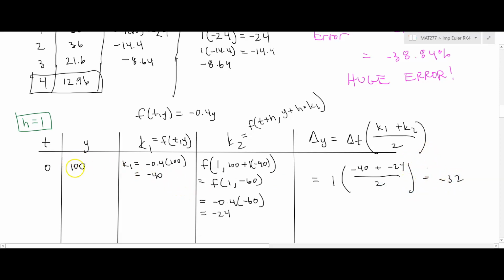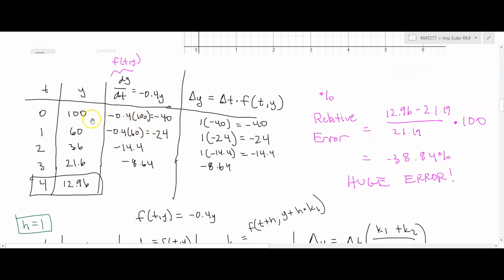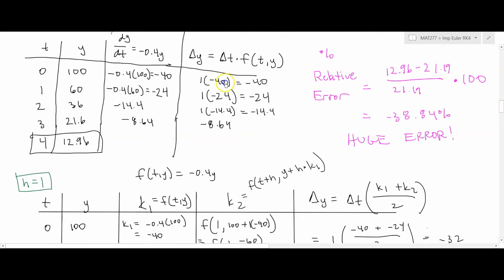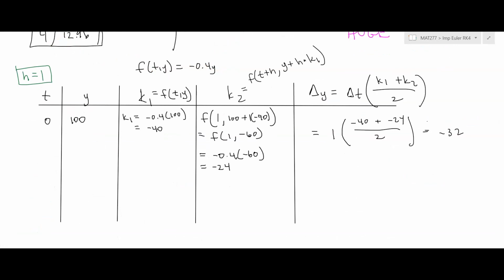I'm not going to decrease the 100 by 40. I'm going to decrease the 100 by a little bit less. So it's going to be a less extreme change than what we got up here when we just used that one slope to decrease the number of elk by 40. We're going to decrease it by 32 instead.